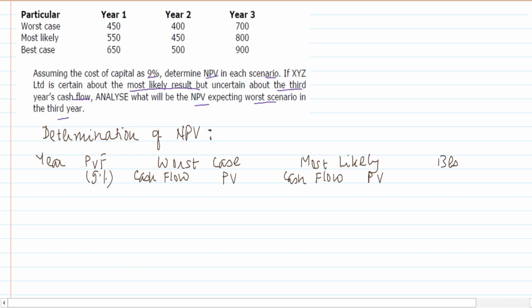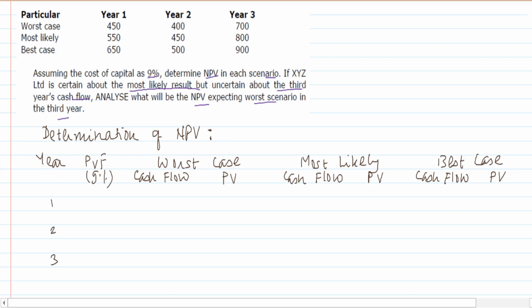And finally, the best case, cash flow and the present value. It's here 1, 2, and 3.